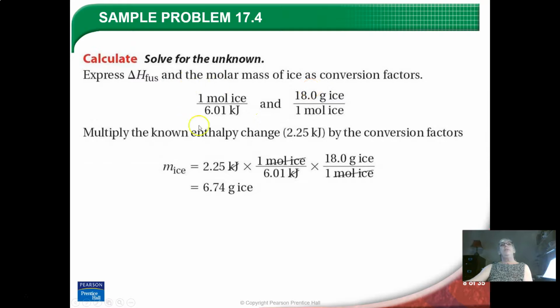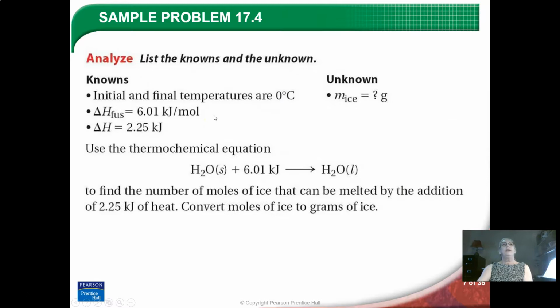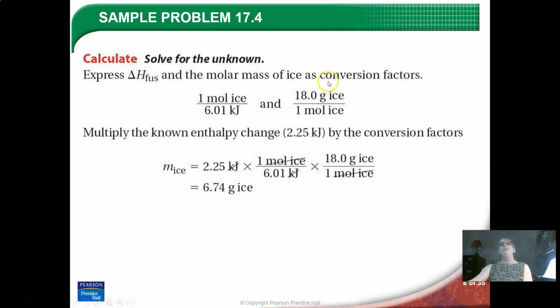We know that 1 mole of ice has a molar heat of fusion of 6.01 kilojoules, because we were given that right there. But we have moles and they want grams, so we have to do a little converting now. We also know that water is 2 H's and 1 O, so it's 18 grams for the molar mass.